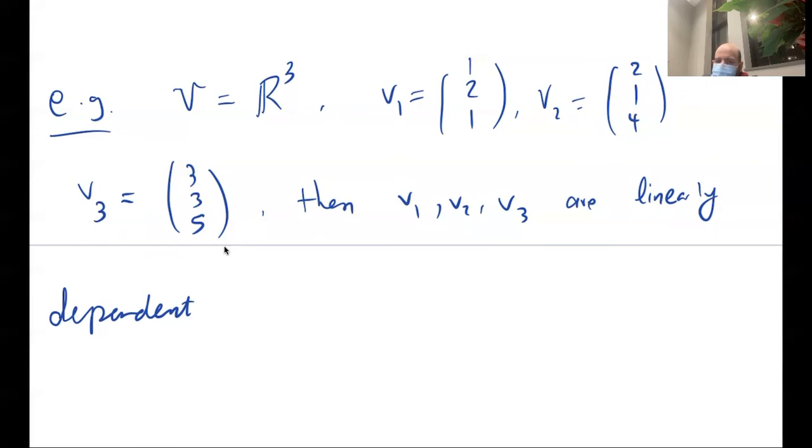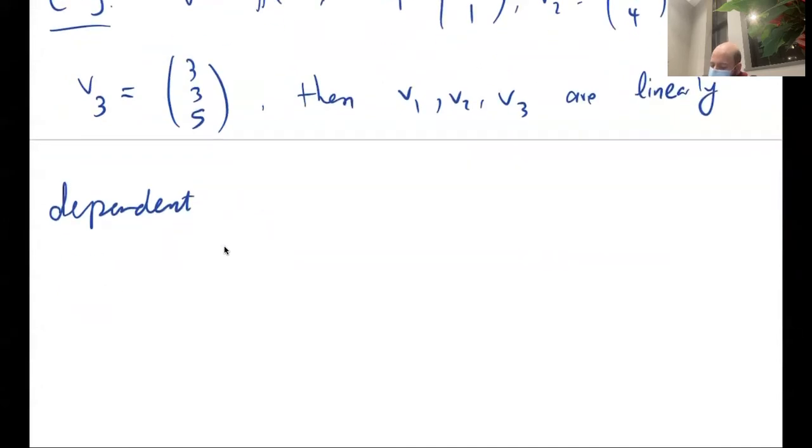We could find all solutions, but it's easier to guess at least one non-trivial solution for this specific example.